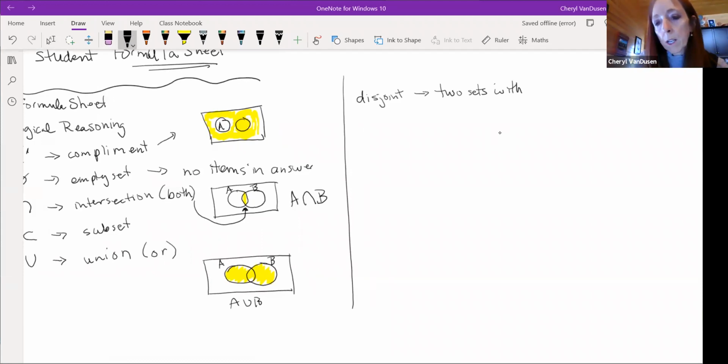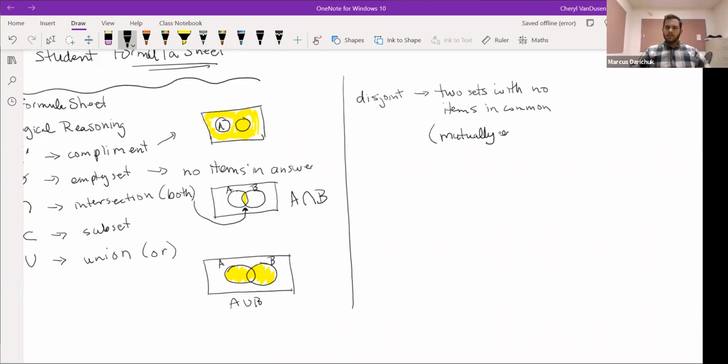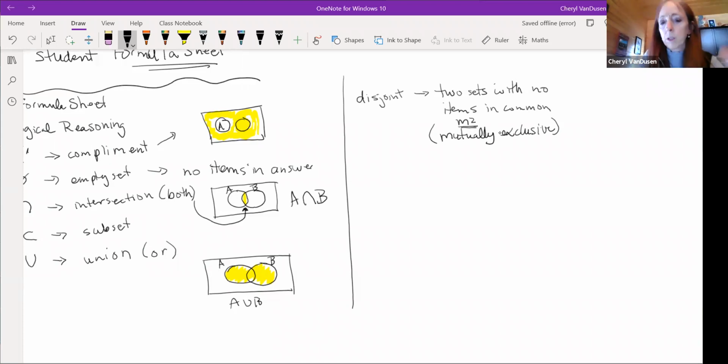So two sets with no items in common. And that's another idea that's further along in the unit, mutually exclusive. That's module 2. So we'll write that in there, but we'll put in there that we do talk about this more in module 2.